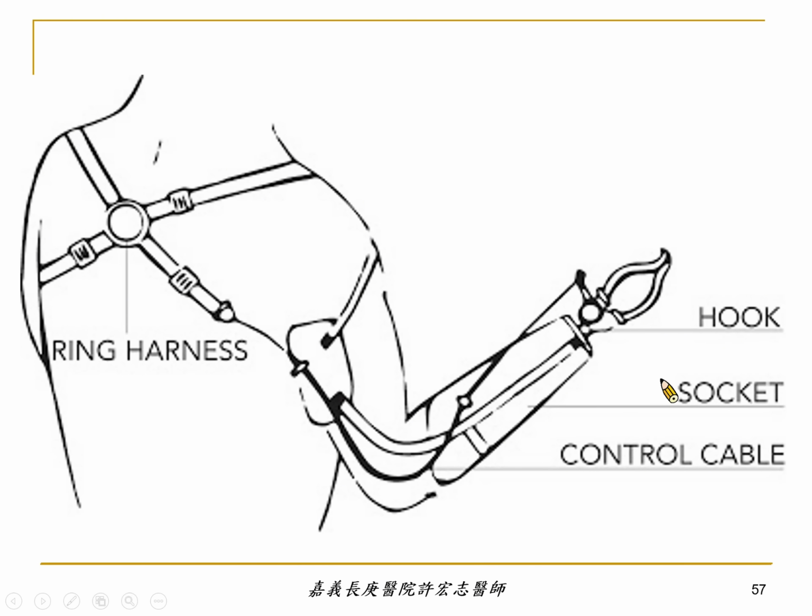You can just flex and extend your chest by moving your body. You can easily put tension on this harness and on this cord to make the terminal device open. So we call that a body-powered prosthesis.